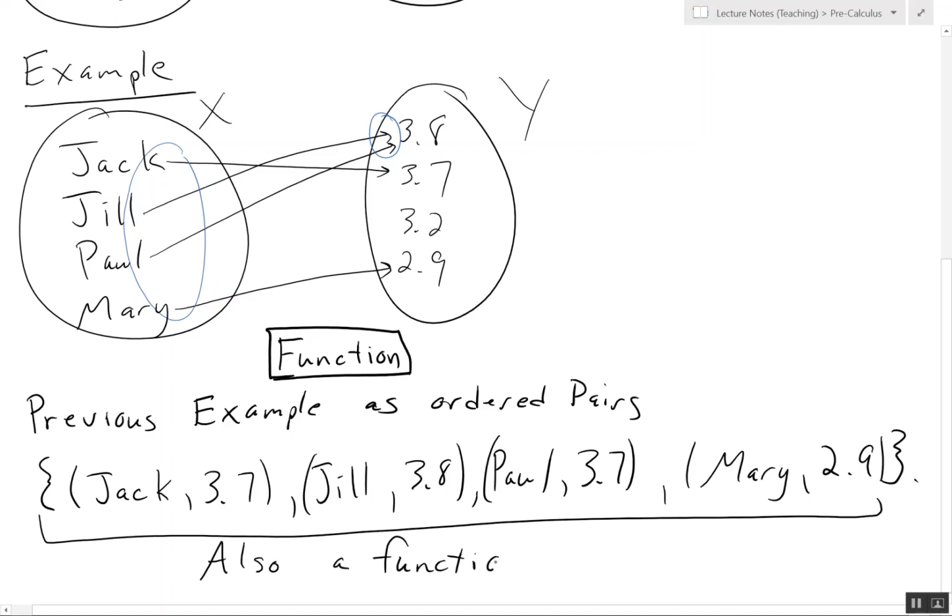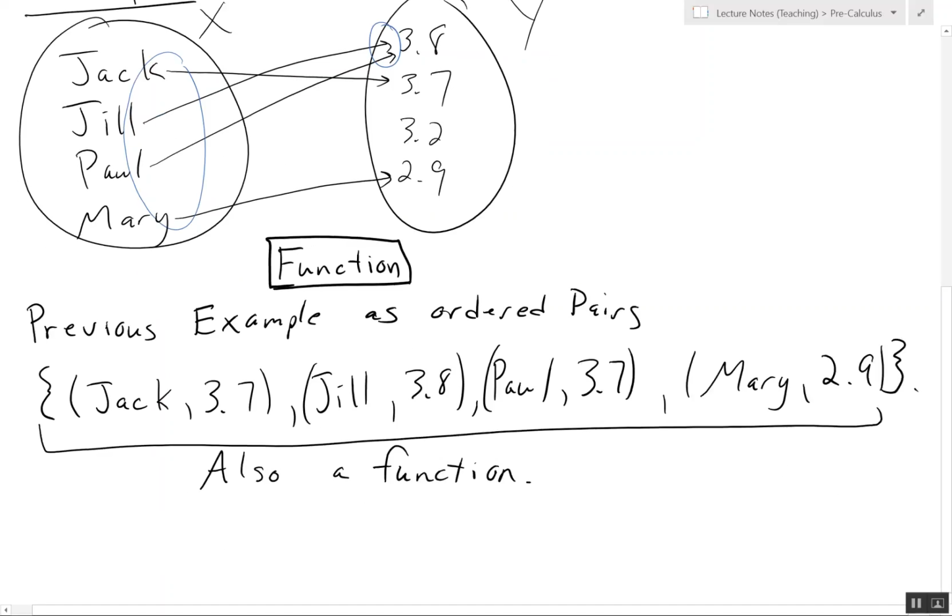And notice the defining characteristic of a function when it's written as ordered pairs. Notice that we have repetition allowed, and I miswrote one of these, so let's fix that. Paul had a 3.8, so that was a mistake, and it's been fixed. And so notice that we have repetition in the second coordinate, but all the first coordinates do not have repetition. Jack, Jill, Paul, and Mary are all separate objects.